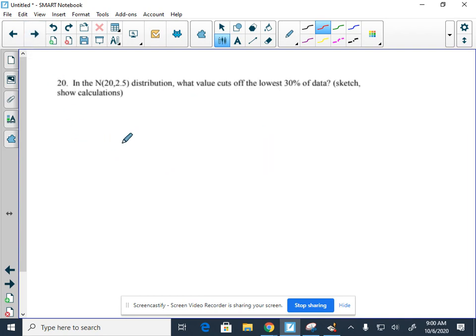Okay, now we're adding some numbers. So in the normal with mean 20 and standard deviation 2.5, what is the lowest 30%? First, we got to recognize lowest 30% would be somewhere down here at a negative Z-score. And now this type of problem, here come the 4 points again. Oh, it's only going to be 3 because we don't have context.